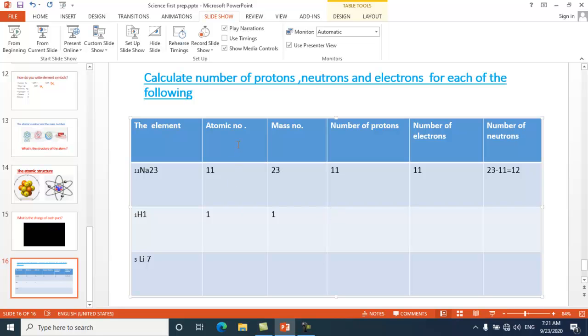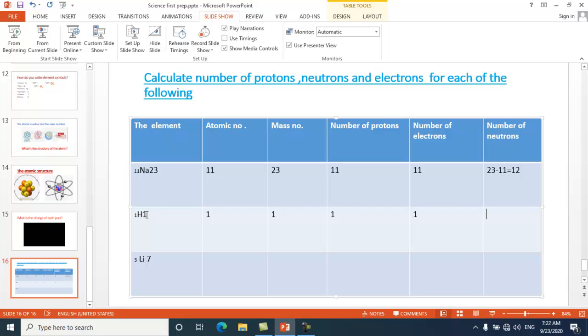The number of protons is also the atomic number, so the number of protons equals 1. Number of electrons: this atom is a stable atom, so in any stable atom, the number of protons should be equal to the number of electrons. They equal 1. What about the number of neutrons?